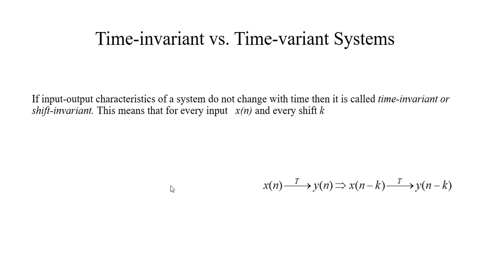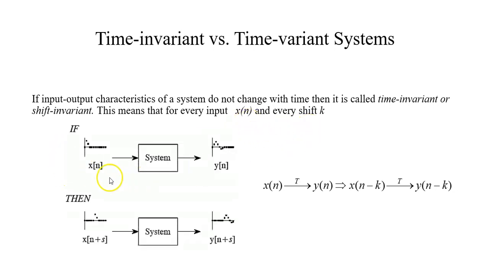Time invariant versus time variant systems. If the input-output characteristics of a system do not change with time, then it is called time invariant or shift invariant, which means it doesn't depend on time. And this means that for every input x of n and every shift k, this system transforms x of n to be y of n.